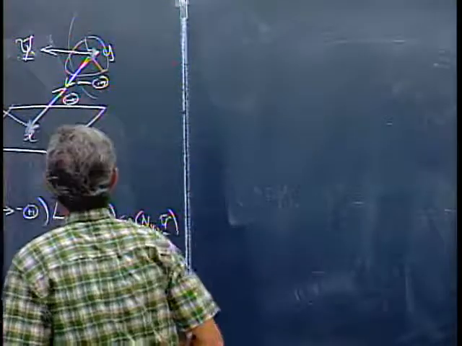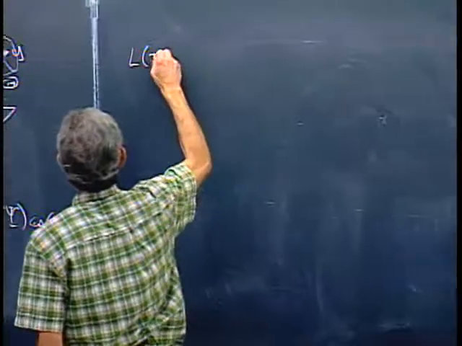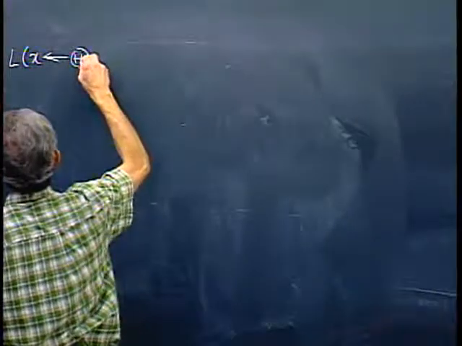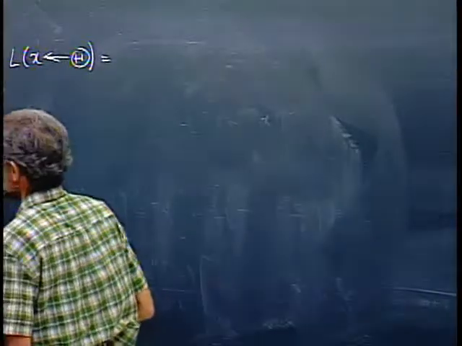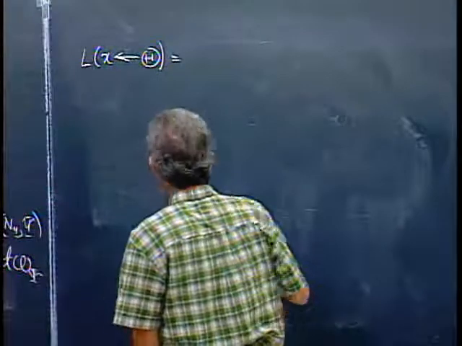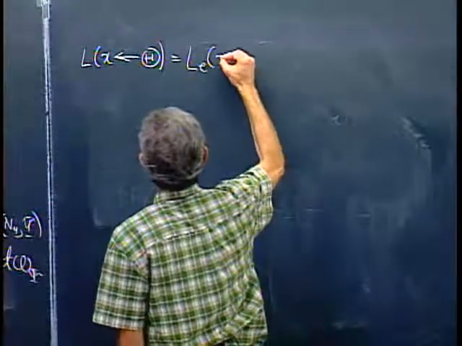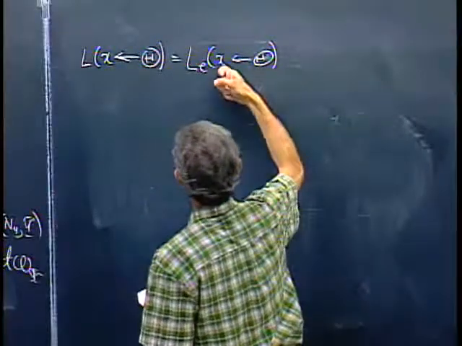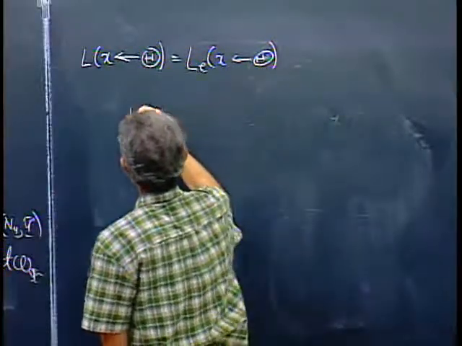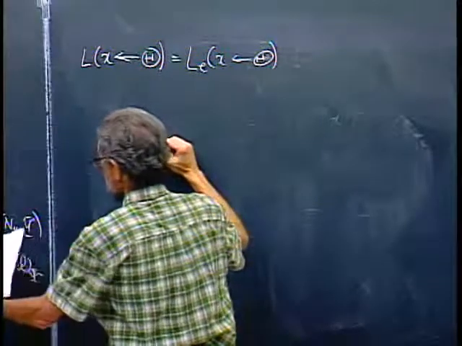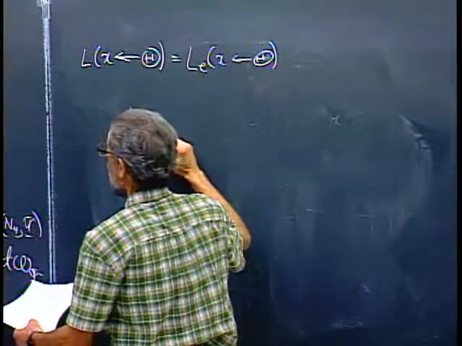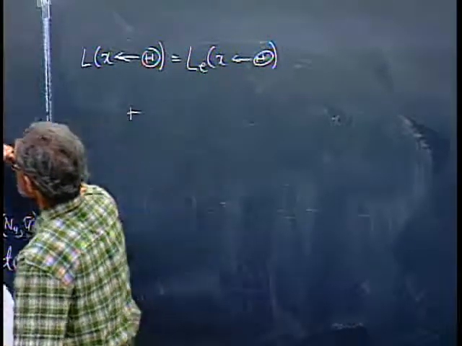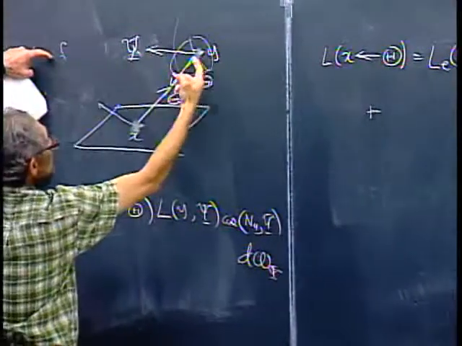So now we want L of x coming in from direction theta. And it's going to be similarly LE of x coming in from direction theta, which is really what's leaving that point y, plus now we have to write this as an integral, and it's actually an integral over areas of surfaces that come into y.